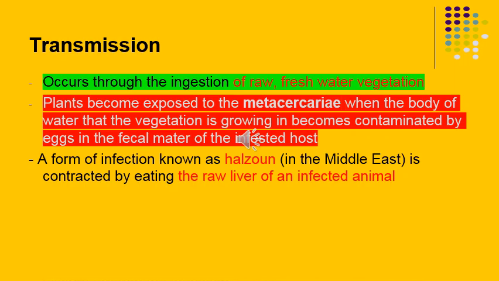An infected form of infection is known as halzoun. Of course, it is popular in the Middle East because people contract it by eating the raw liver of an infected animal.